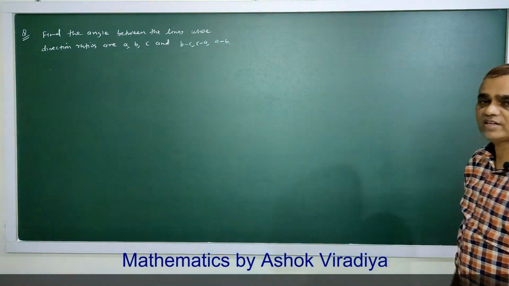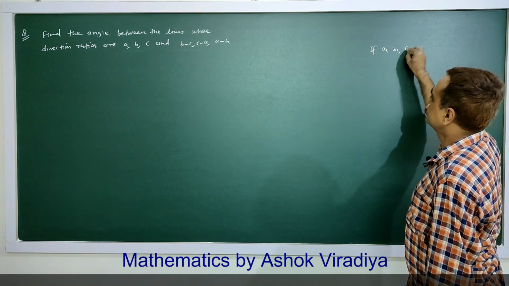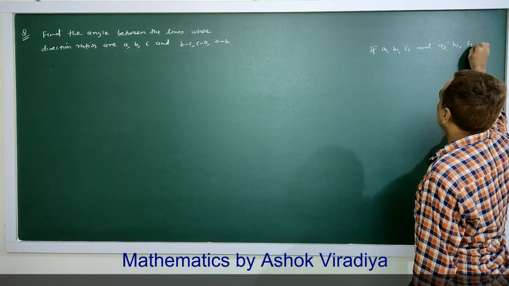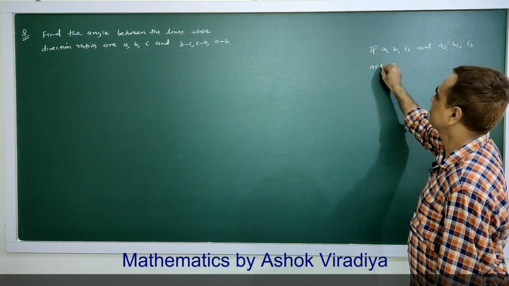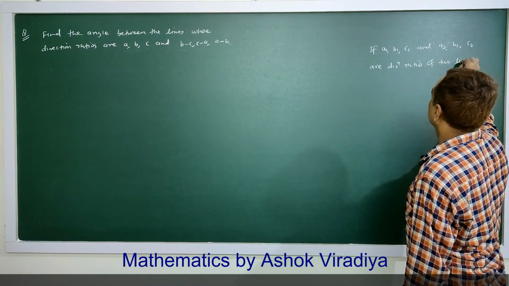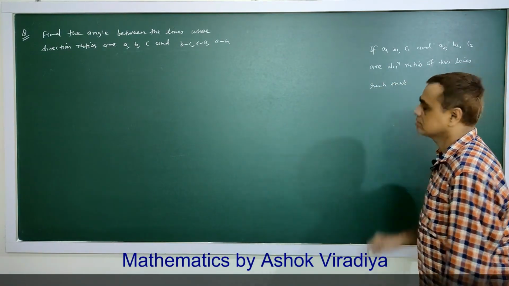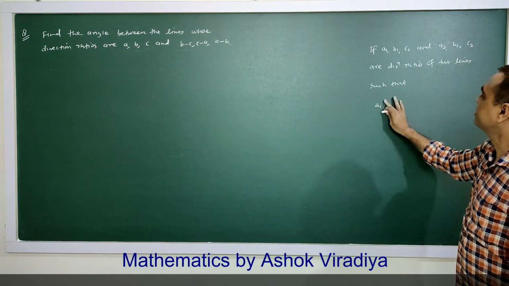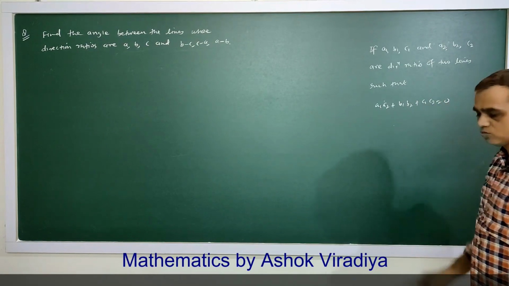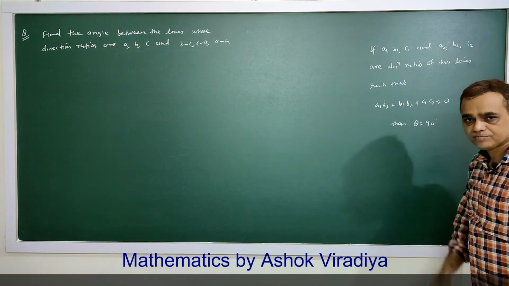Now see, we discussed this result, that if A1, B1, C1 and A2, B2, C2 are direction ratios of two lines such that the sum of products A1 A2 plus B1 B2 plus C1 C2 is 0, then the angle between them is 90 degrees.